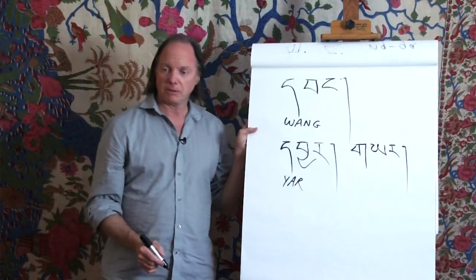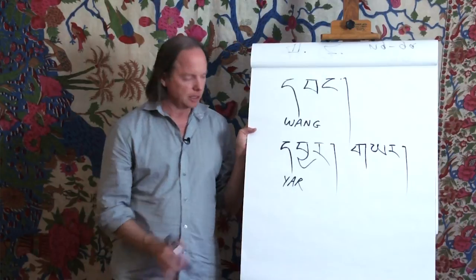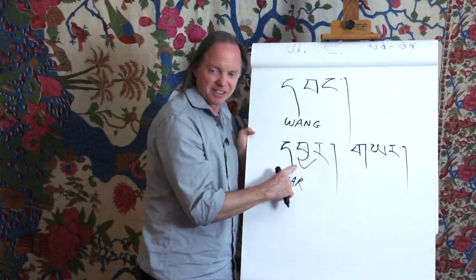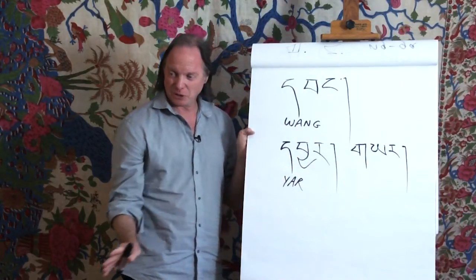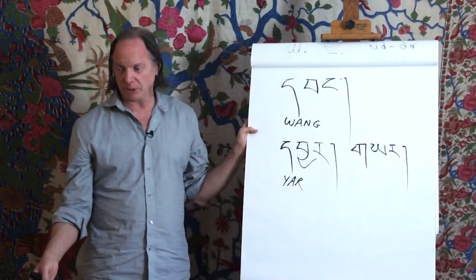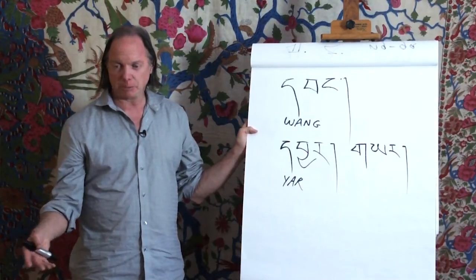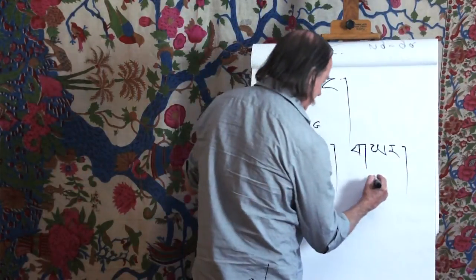Say ka, ya, ra, yar. Same pronunciation. If a Tibetan says yar, you don't know which one it is. If they owe you money, it probably means this one, which means to borrow, or to loan.